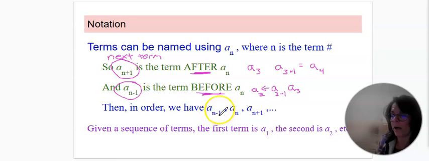So in order, a sub n minus 1 comes first, then a sub n, and then a sub n plus 1. And the next one would be a sub n plus 2, a sub n plus 3, a sub n plus 4. We rarely use those, but these you will see. And I want you to read them with the words, the next term or the term before.